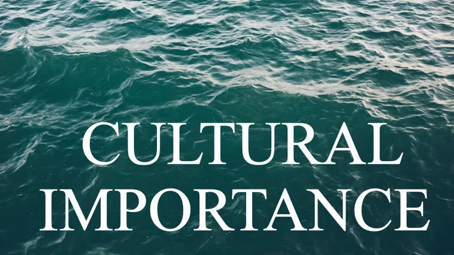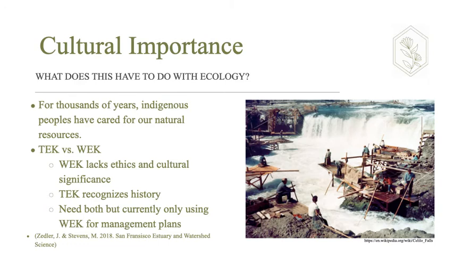So now I'm going to talk a little bit about the cultural importance of riparian corridors. So you might be wondering, what does this have to do with ecology? And I think it's actually a very important aspect.